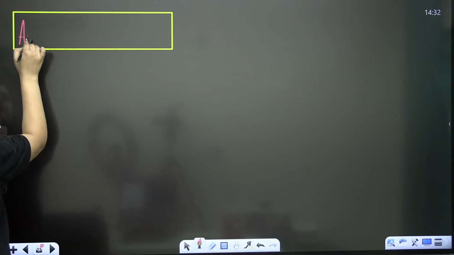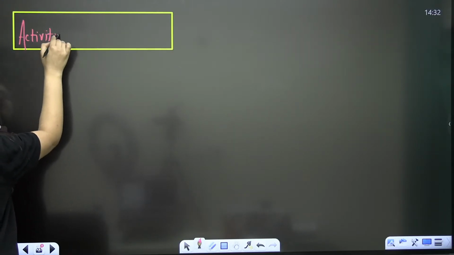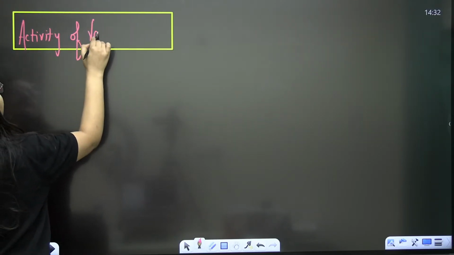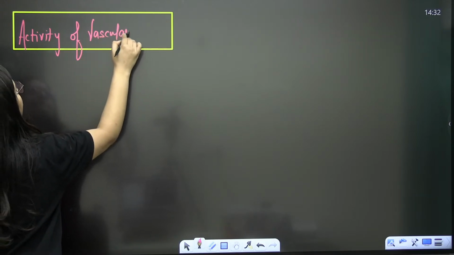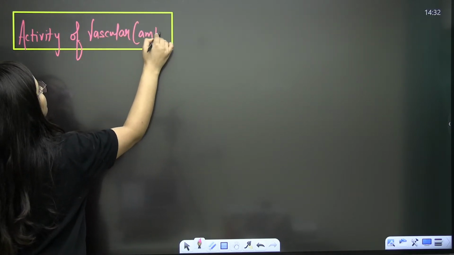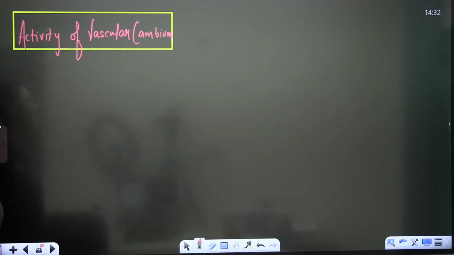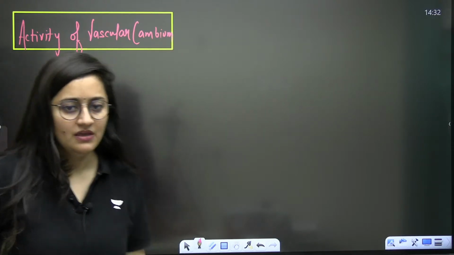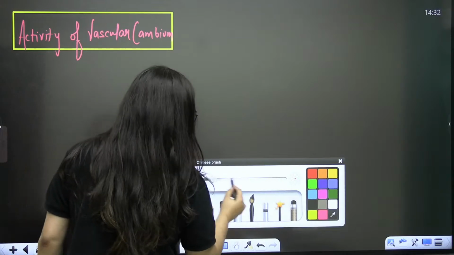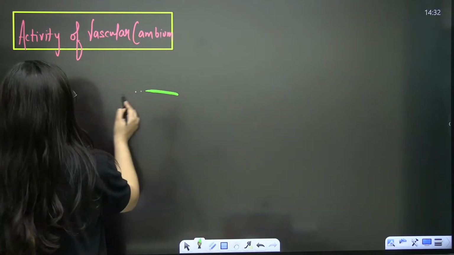Now the second part of this topic is activity of the cambial ring, or vascular cambium. Now I will only consider the ring.